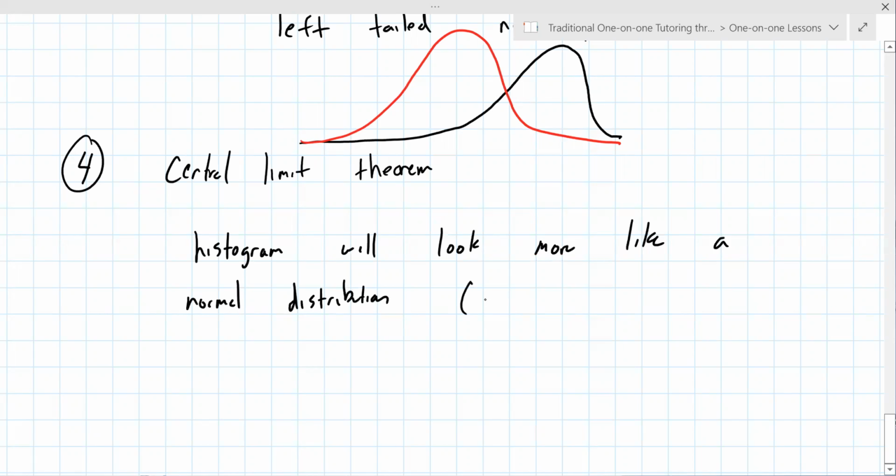In other words, it will no longer be skewed. And that is what is referred to as the central limit theorem. But you said you haven't covered it yet, so I won't say any more on that.